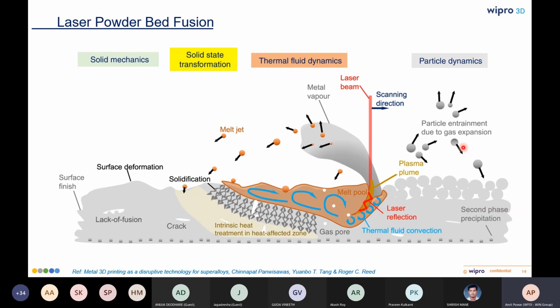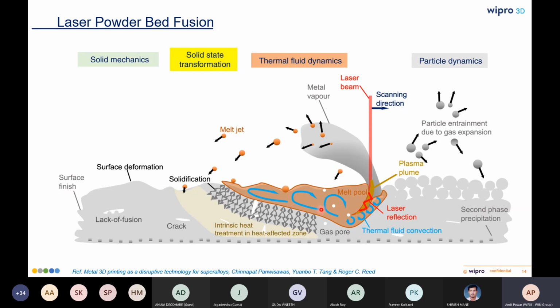It involves selectively heating a thin layer of fine metal powder with a moving focused laser, causing it to melt and then solidify. So this is what happens at the melt pool level. Suppose this is a powder layer, and when the laser interacts with the powder and melts it, a small melt pool gets generated.